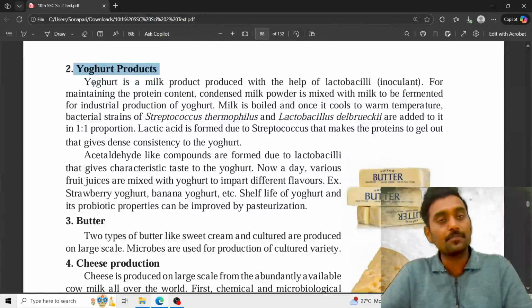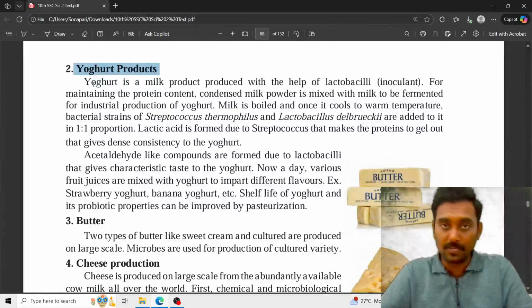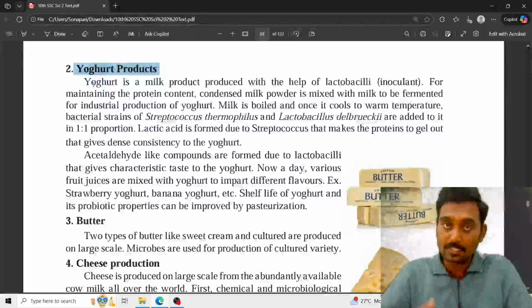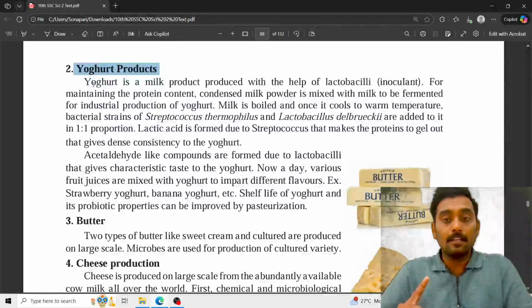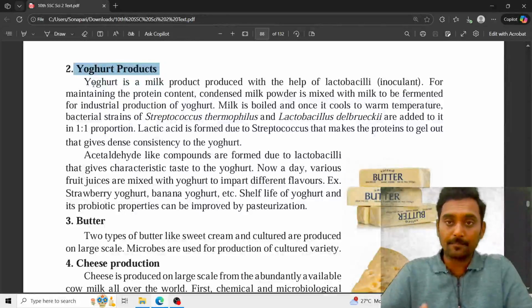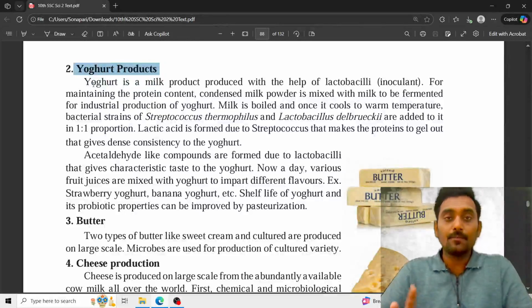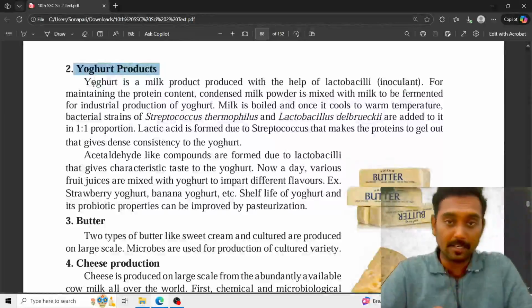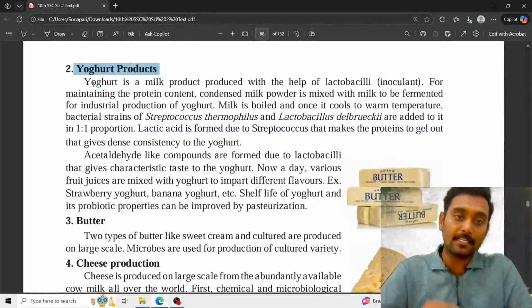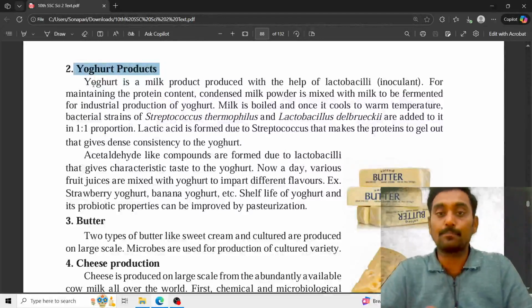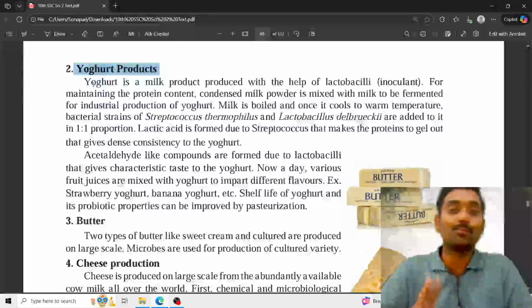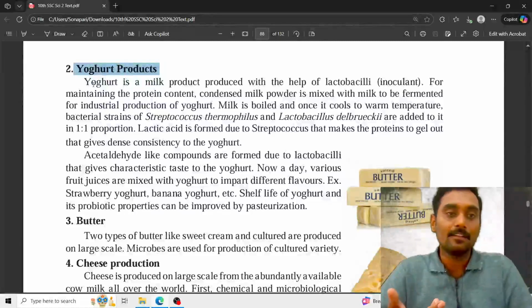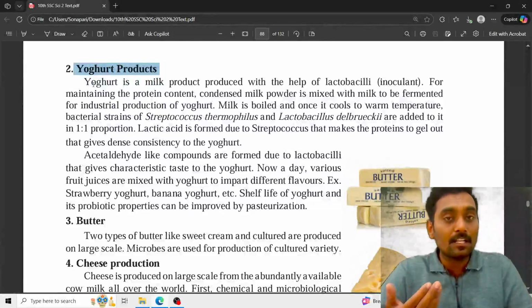Bacterial strains of Streptococcus thermophilus and Lactobacillus delbrueckii are both added in a 1:1 proportion to that warm milk. Due to this, lactic acid is formed, and the Streptococcus makes the protein turn into a gel.